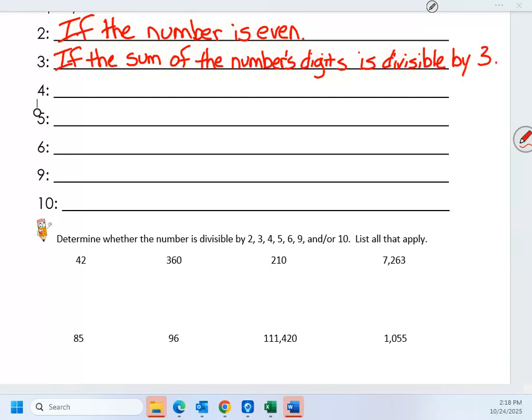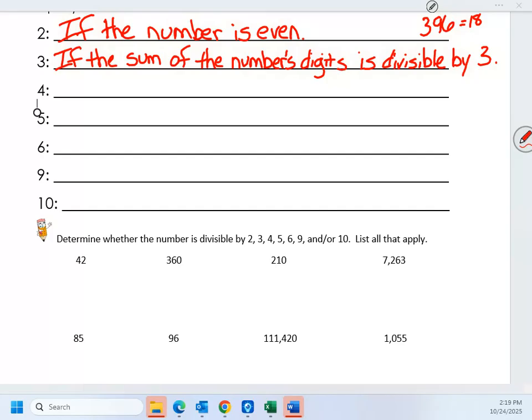So what that means is if our number is something like 396, I would say, okay, 396, 3 plus 9 is 12, 12 plus 6 is 18. I know 18 is divisible by 3, because 18 divided by 3 is 6. So 396 is a huge number, not sure if it's divisible by 3, but if I add up all those digits, finding the sum means we're adding, add up the digits, then it comes to a much smaller number that I can recognize if it's divisible by 3.